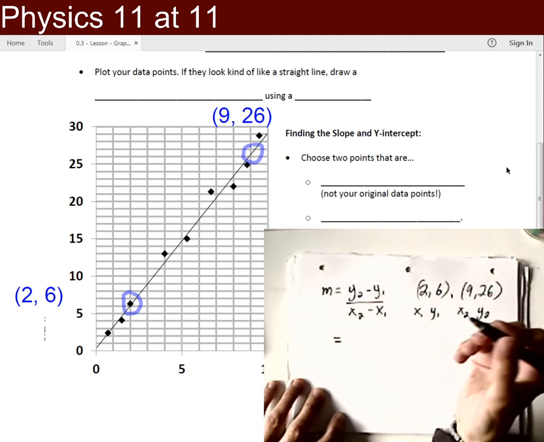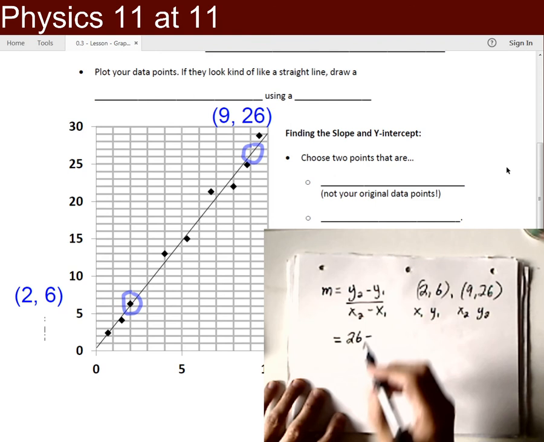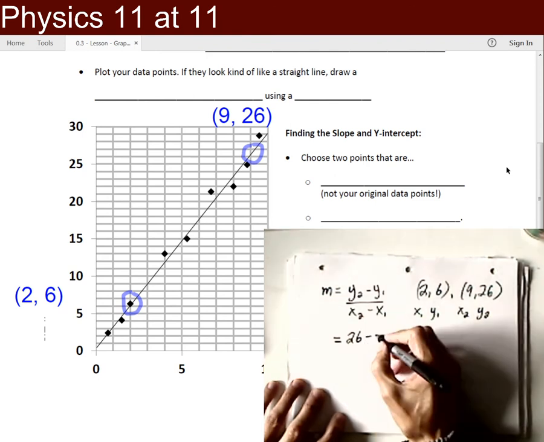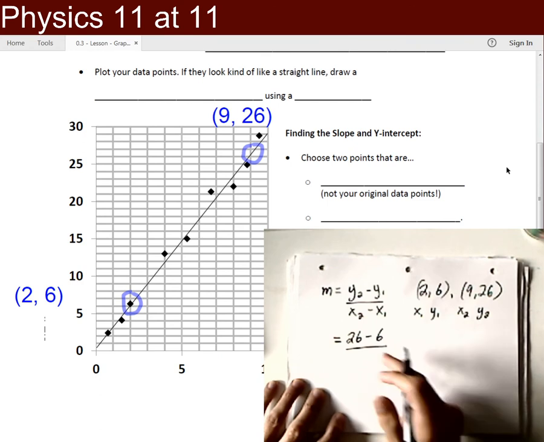If you've got better eyes than I, you might say, oh, it's a little bit more, but I'm taking it as 26. The other one's 6, and yeah, same sort of thing. Maybe a decimal of some sort, but I don't know what the decimal is, so I'm just going to round it to 6 there.